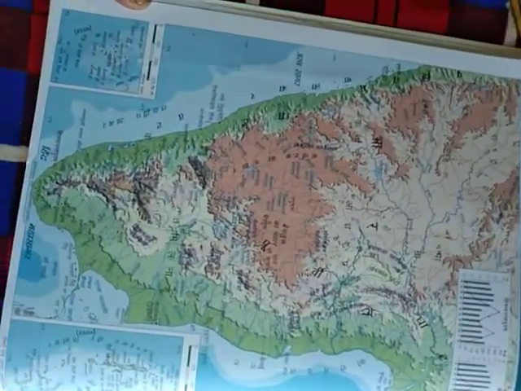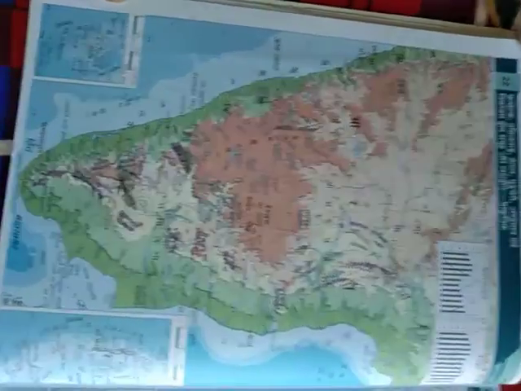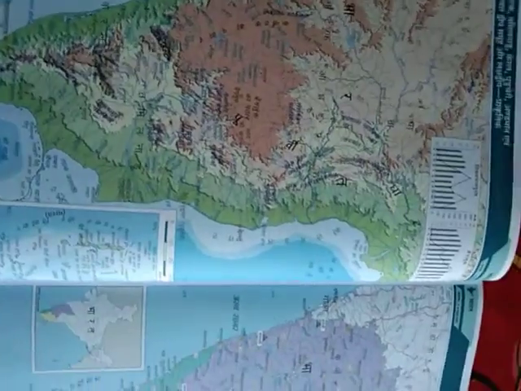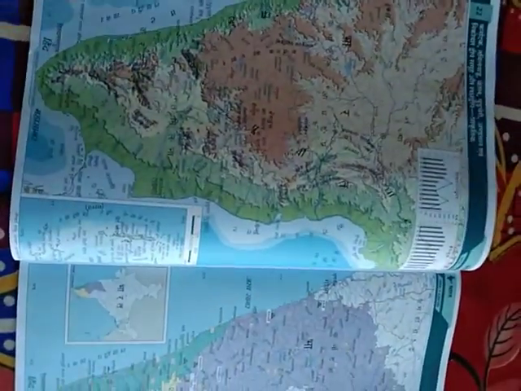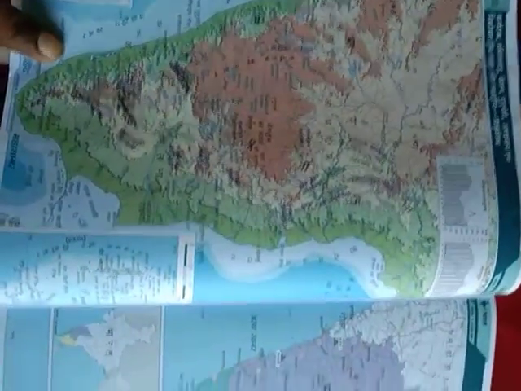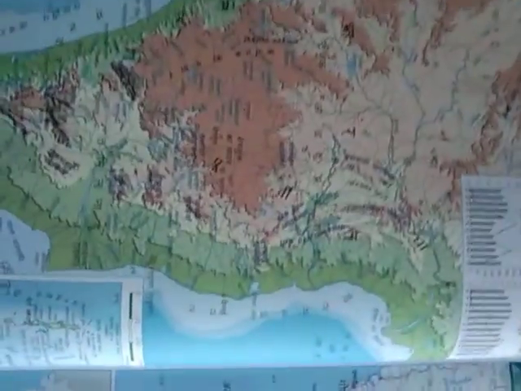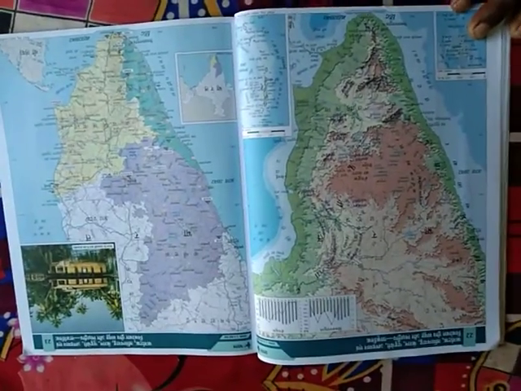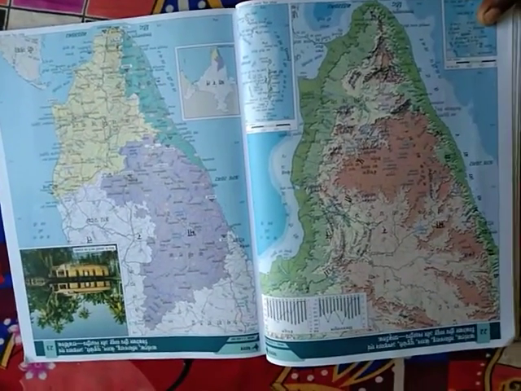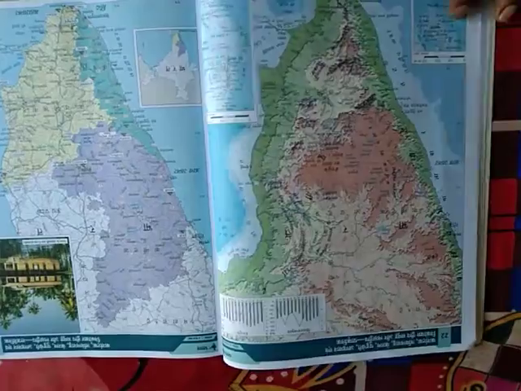So here you can see the map of Bharat, India, the southern parts, and here is the political map, and here is the physical map. So on one page two types of maps are given, physical and political.